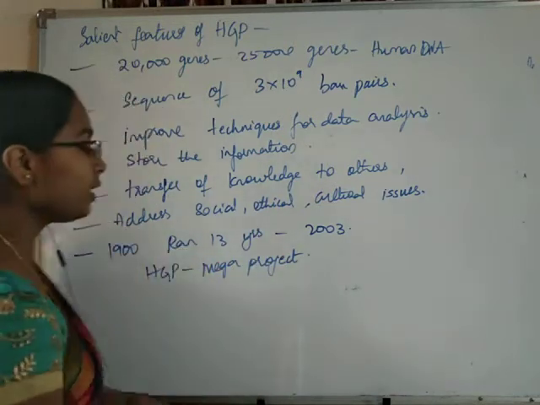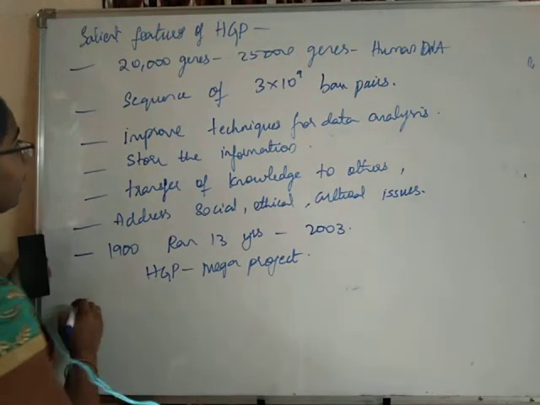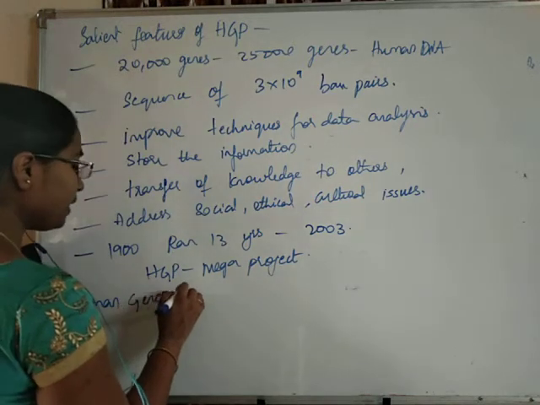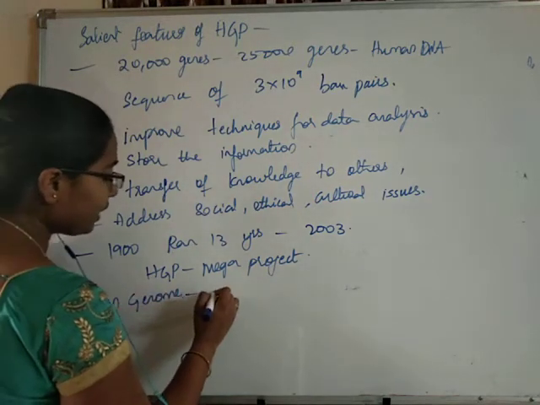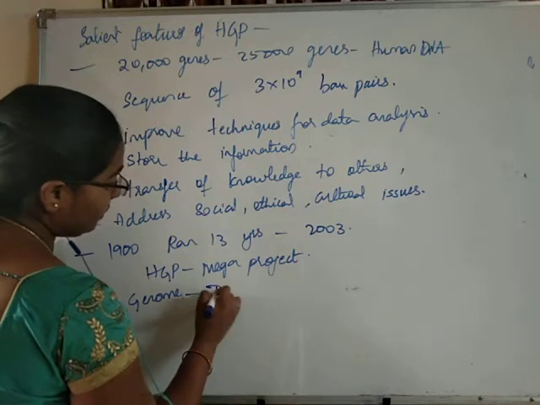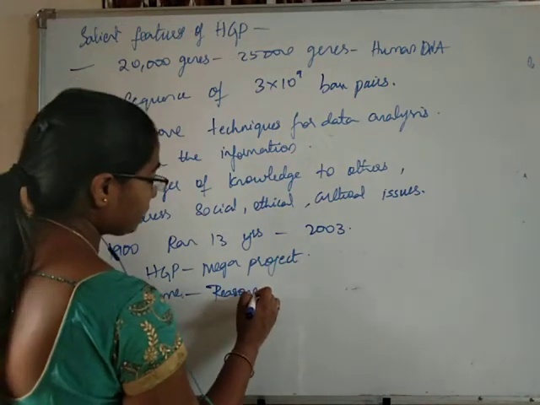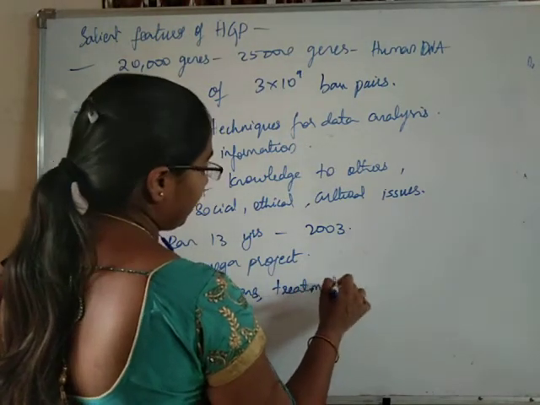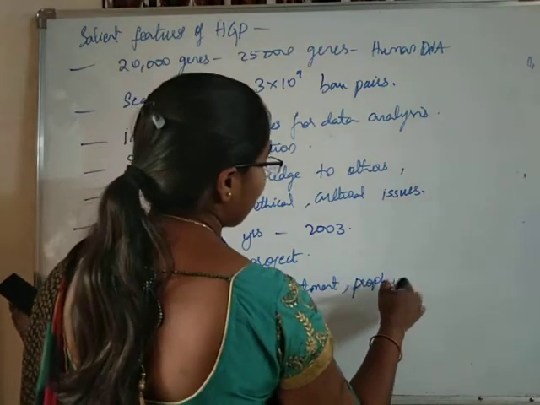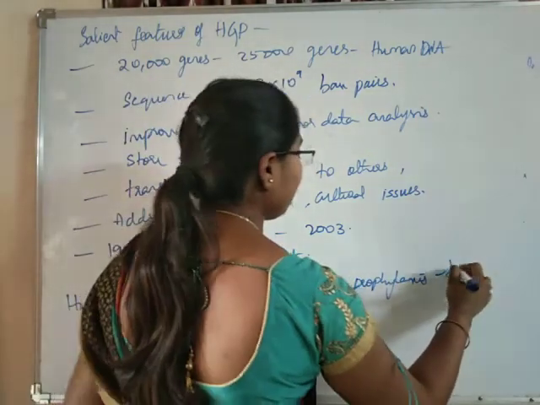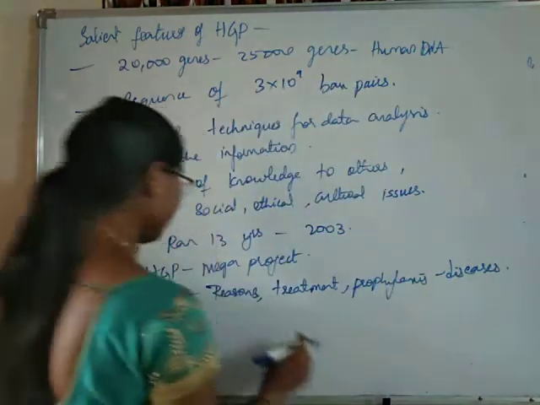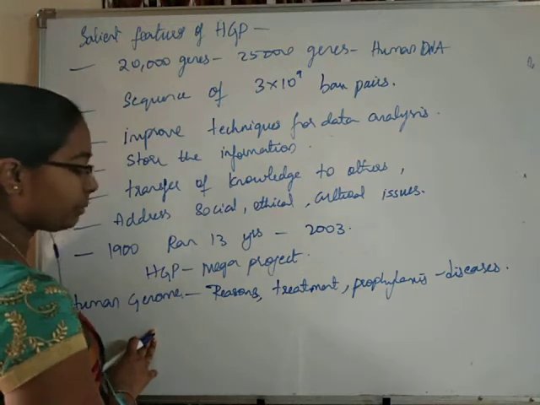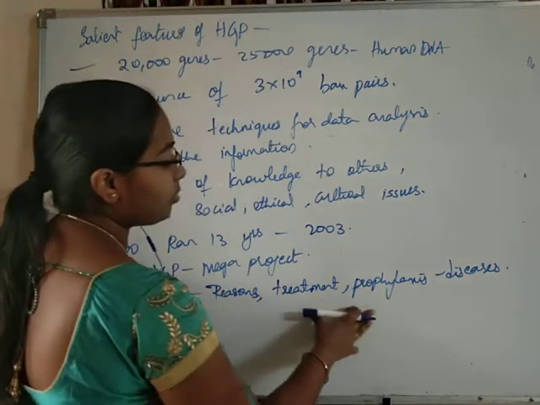So students, a clear understanding of the human genome helps in understanding the possible reasons behind disorders, and treatment and also prophylaxis of many different diseases can be done. By utilizing the DNA of the person, the reasons, treatment and prophylaxis of a disease can be done.